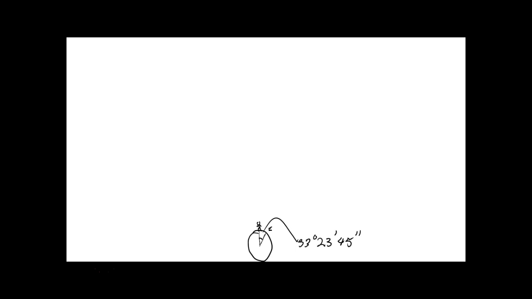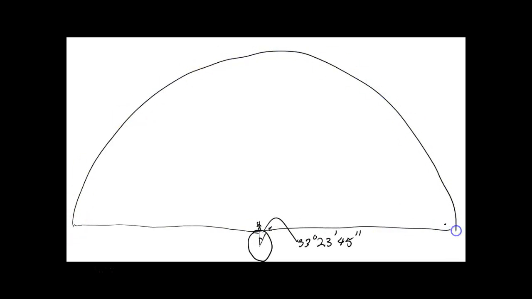Okay, now let's draw our celestial sphere. This is our horizon, and here's the celestial sphere. I can't draw semicircles very well, but that's the best I can do. By the way, that's our meridian there.